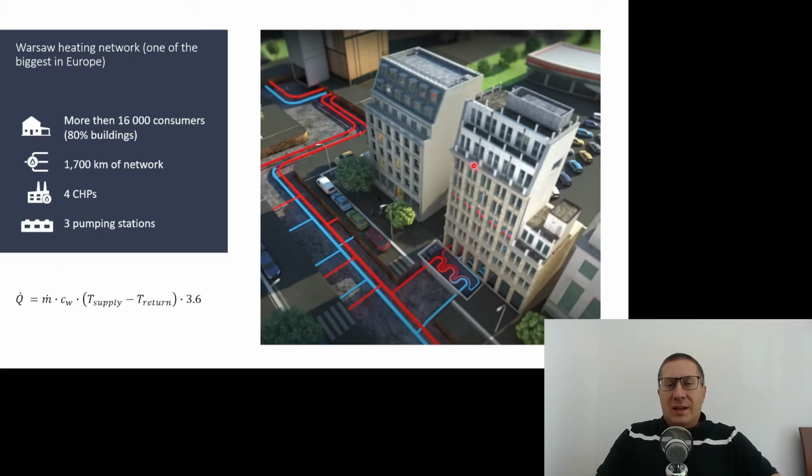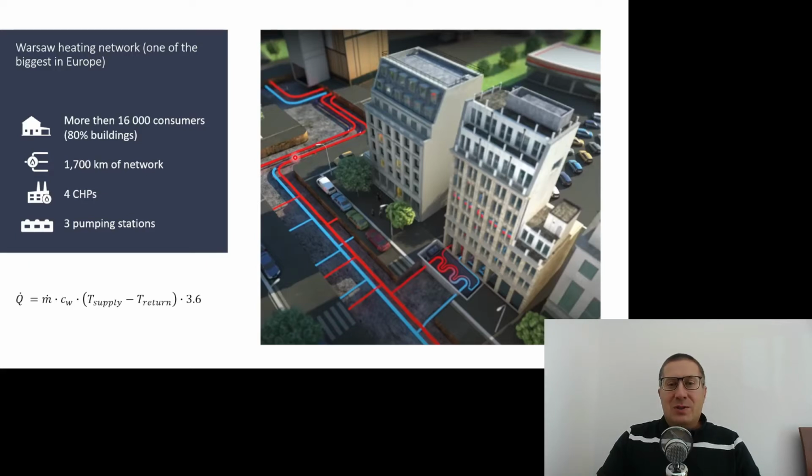Then the cold water returns back to the CHP plant. Well, it's not cold water like, let's say, 5 centigrade. It's still quite hot, but it is water that is not bringing heat to your homes anymore.